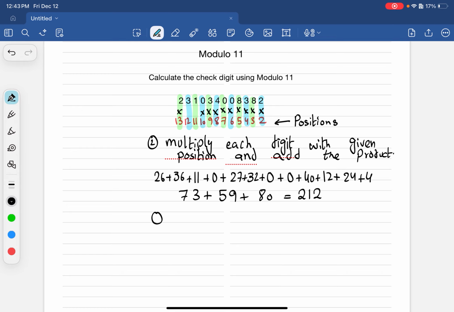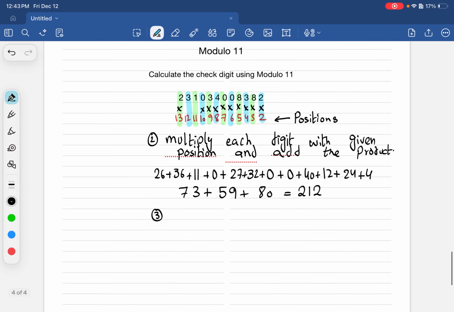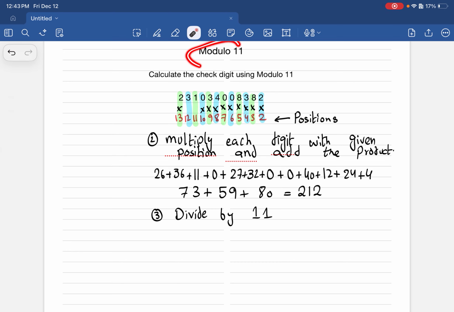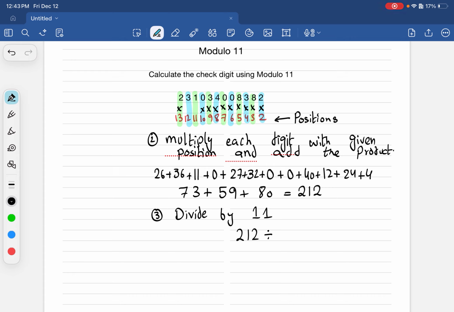Okay, now once you have this answer, the next thing you need to do is quite similar to what we did in our ISBN 13, which is we are going to divide it, but we are not going to divide it by 10. We are going to divide it by 11 instead, hence the name modulo 11. Okay, so we divide this 212 with 11.